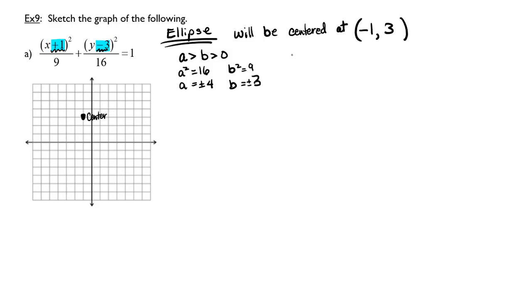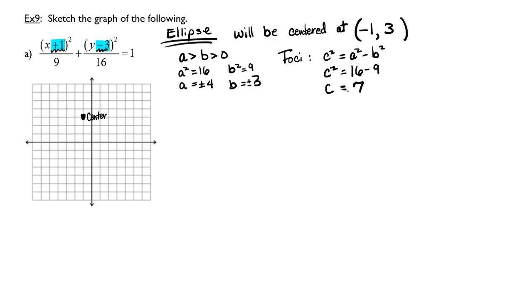I can find the foci using the formula c squared equals a squared minus b squared. This will give me c squared equals 16 minus 9, which equals 7.